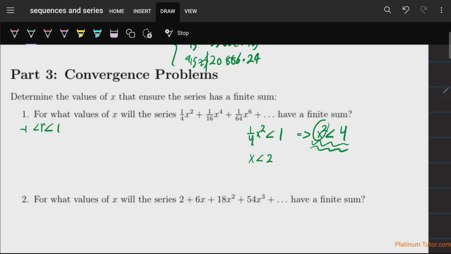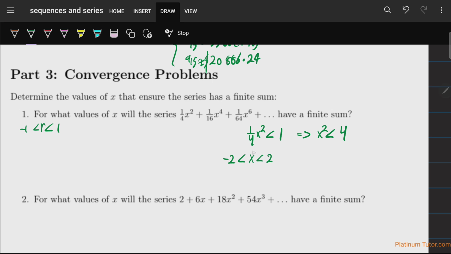So this says that x squared has to be less than 4. X being less than 2 is only part of the solution. So not only can x be less than 2, x actually has to be less than 2 and also greater than -2.